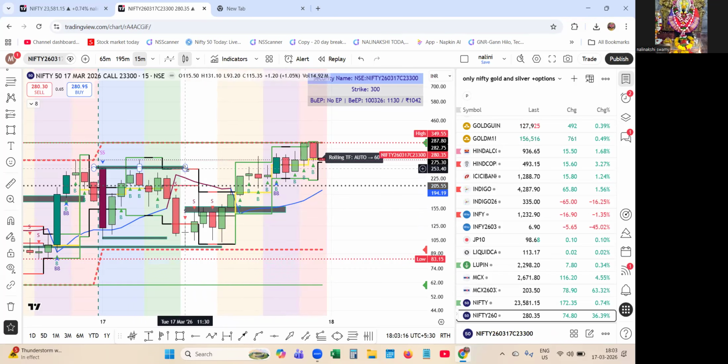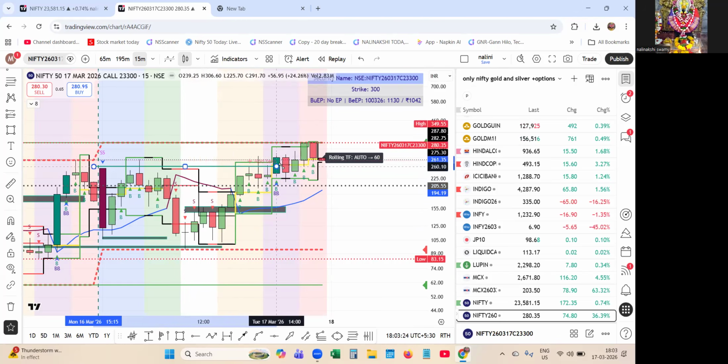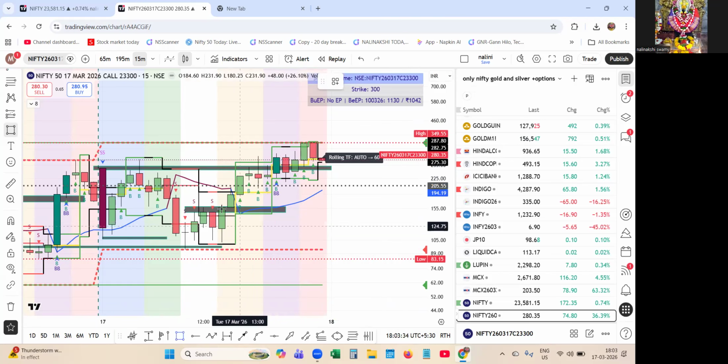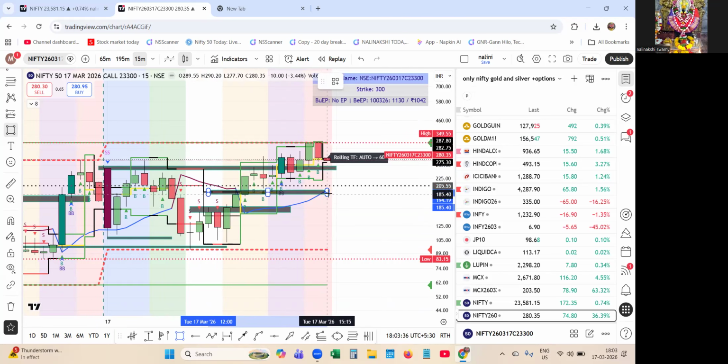When it crosses this level, you can see there was a lot of whipsaw over this area. When price came to that, finally it broke above this level. But it did not breach this, which is the R1. R1 became the reference point.